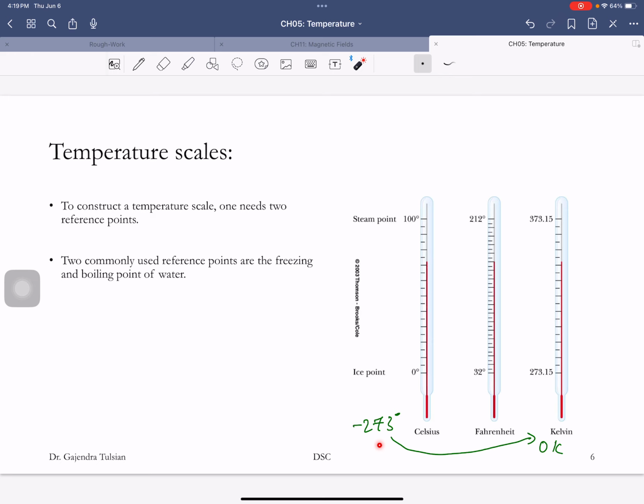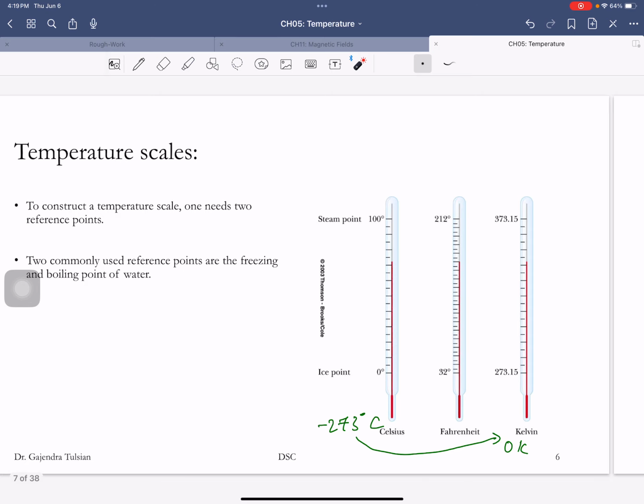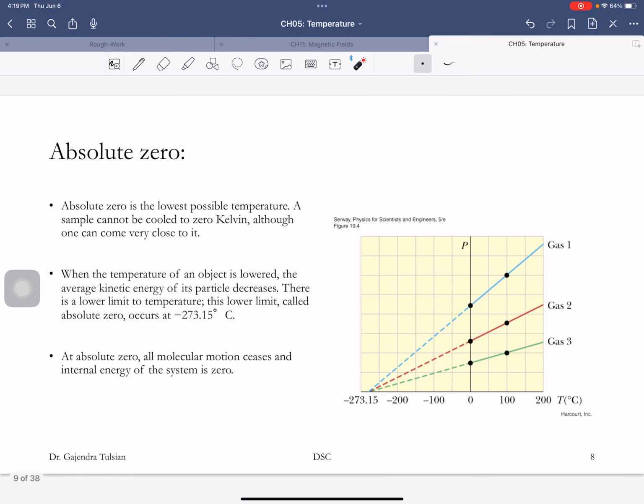That's an odd number for the lowest temperature, so the Kelvin scale was invented just by adjusting the zero of the Celsius scale. So absolute zero is the lowest possible temperature, and that's 0 degrees Kelvin. At absolute zero, all molecular motion ceases and the internal energy of the system is zero.